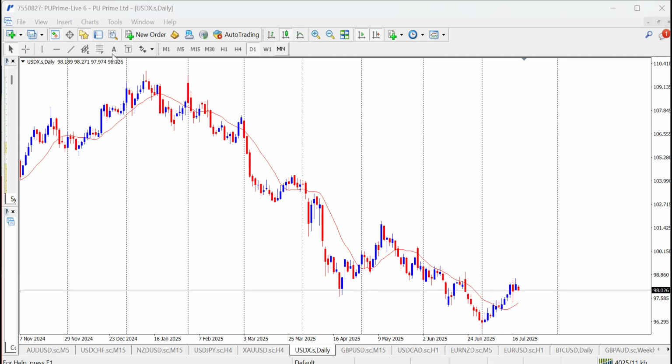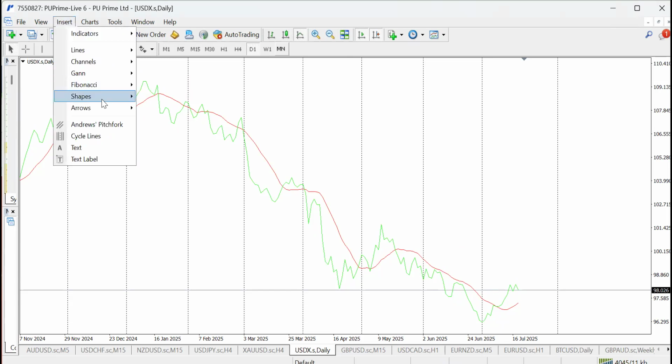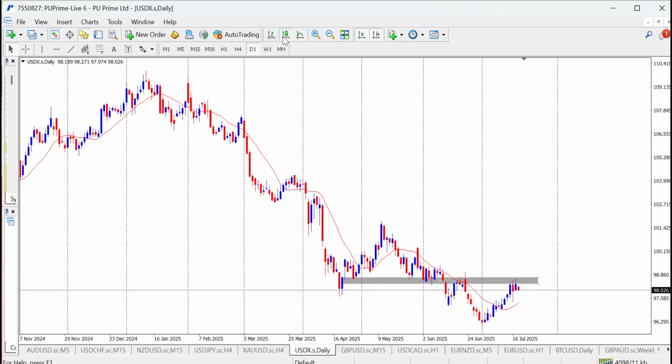So I changed to line chart, and we can see here, and this was a standpoint also in SBR level, which is support become resistance on a daily time frame.